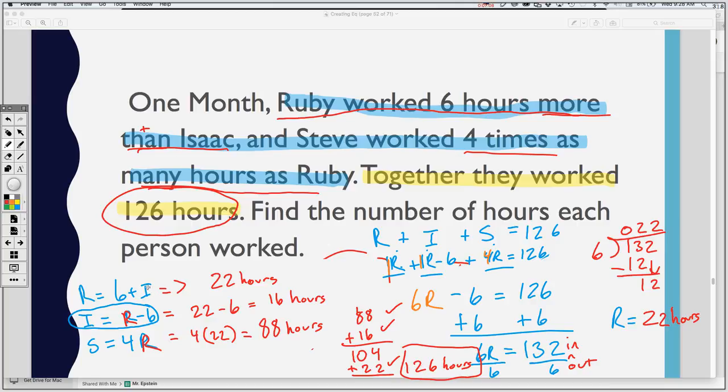And then when we solved for Isaac, this was R minus 6.